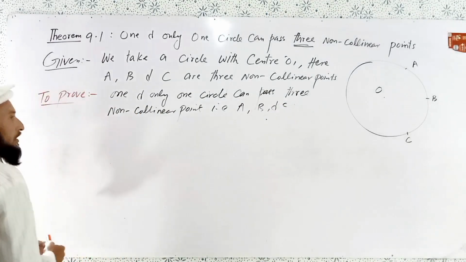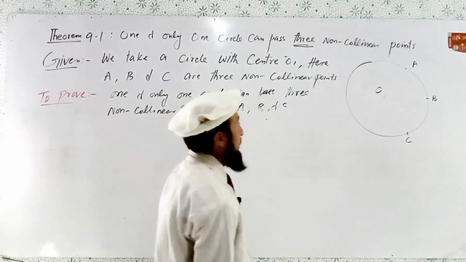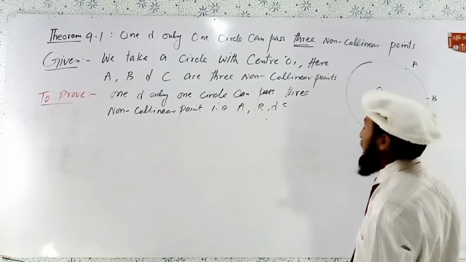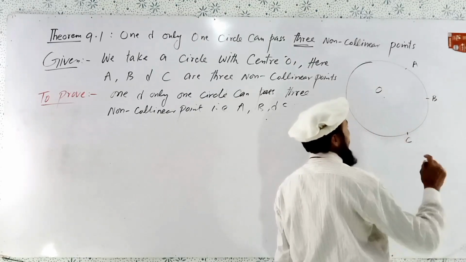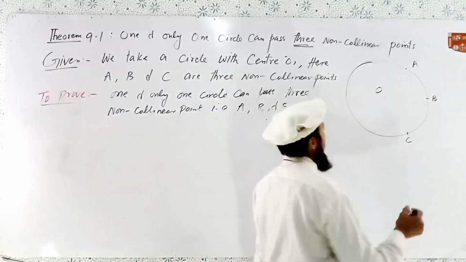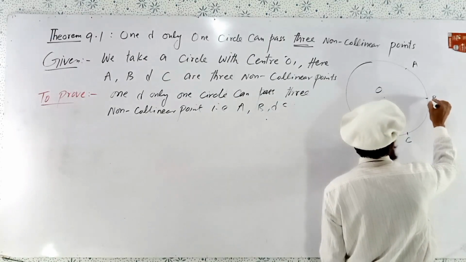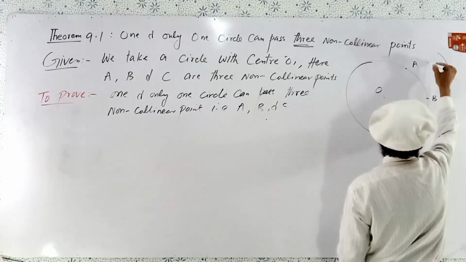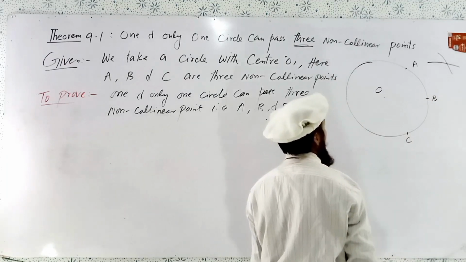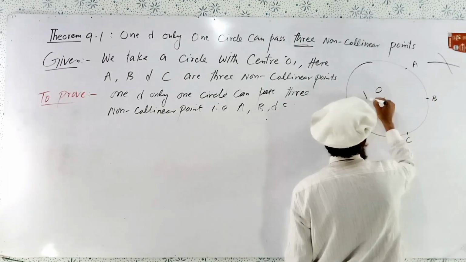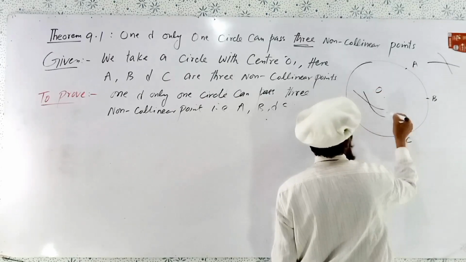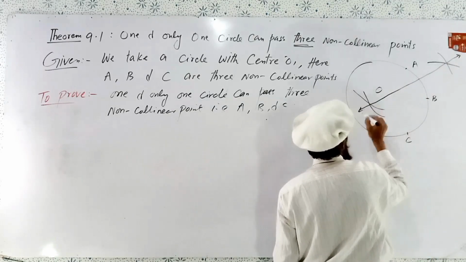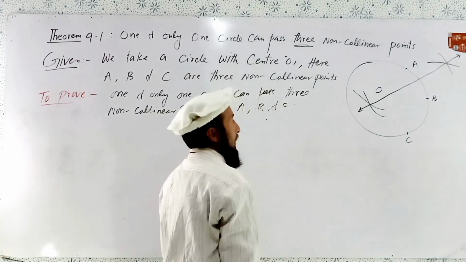Now construction is required. We take a compass and draw perpendicular bisectors. First of all, we take the compass opening according to your own choice. We take A as center and draw an arc, and similarly we draw an arc outside the circle, and also here inside, and we connect these for the perpendicular bisector.